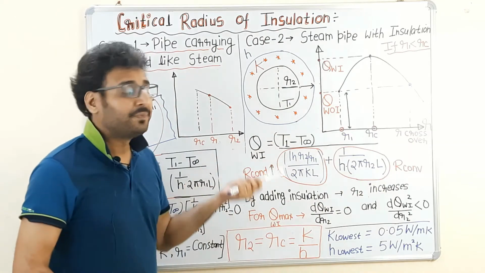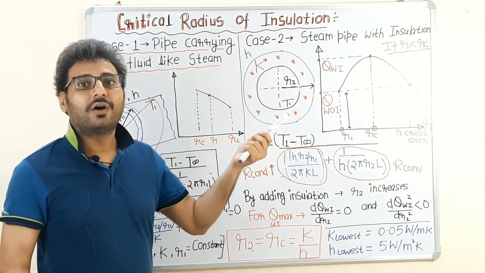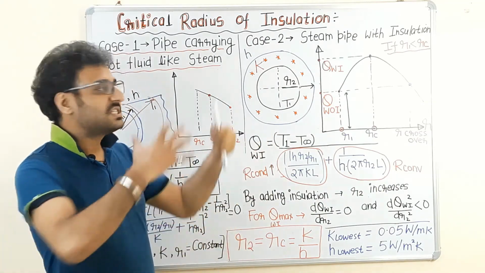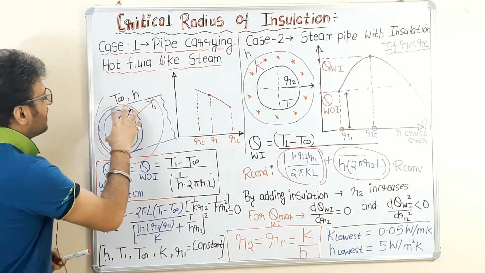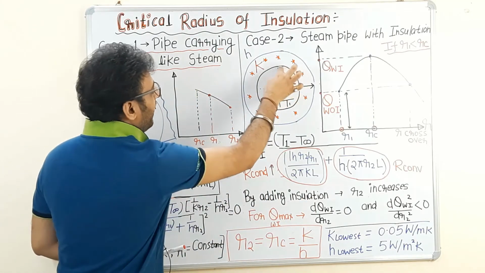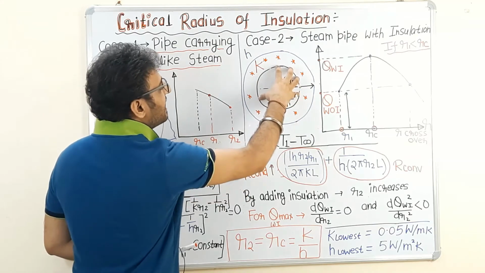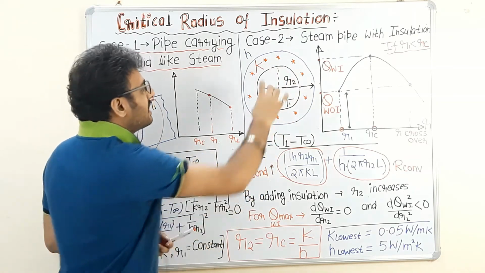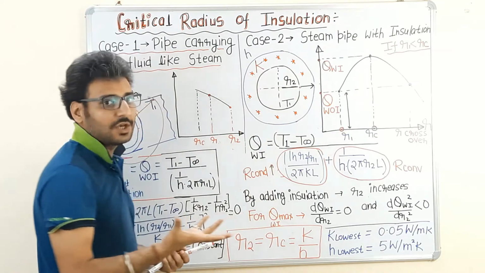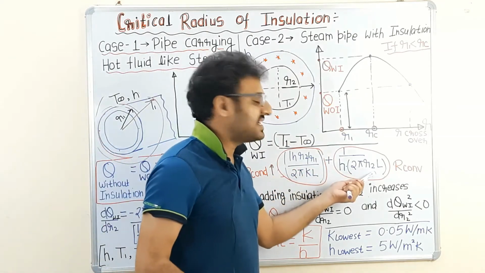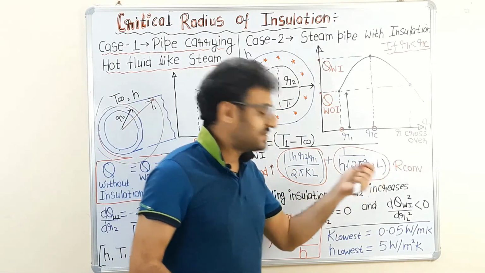As we already know, the convection heat transfer rate depends on the surface area. When there was no insulation, surface area is less. When there is insulation, surface area is increased. So convective resistance is decreased.